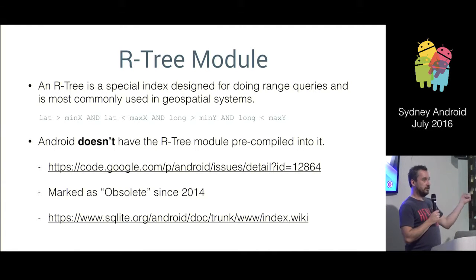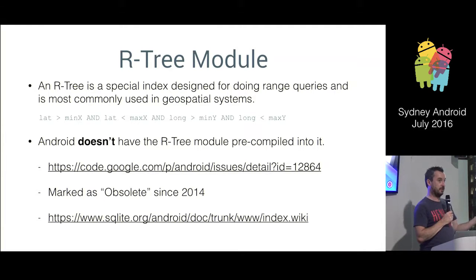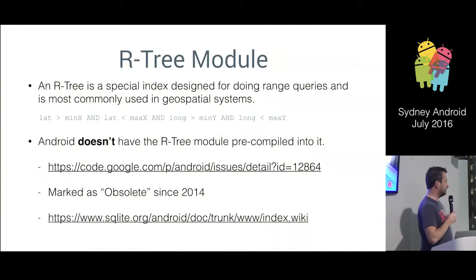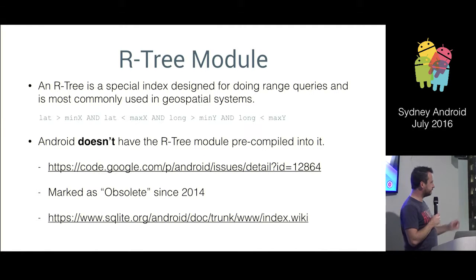It involves building your own version of SQLite. It'll use the SQLite.org package name, not the package name of the one that gets shipped with Android. So you just have to change your database helper includes to use the version that you've built, not the version that comes with Android. And then you should be fine.